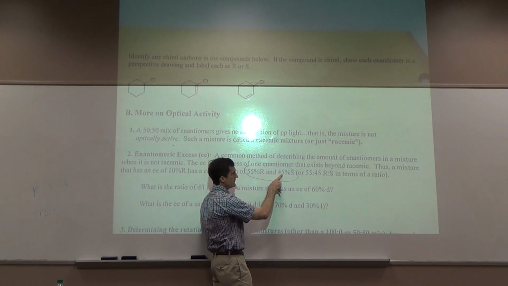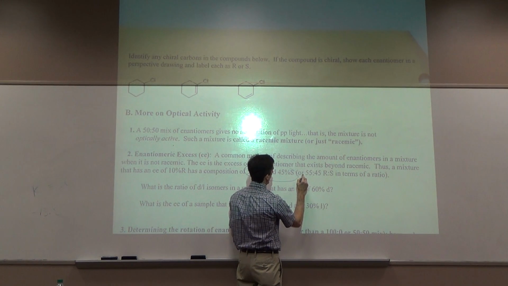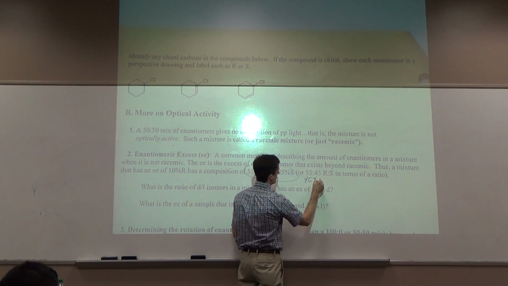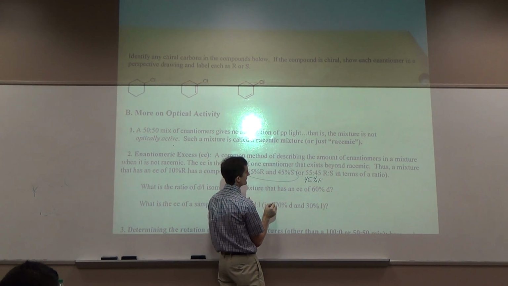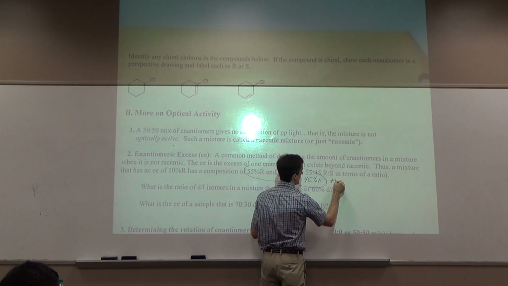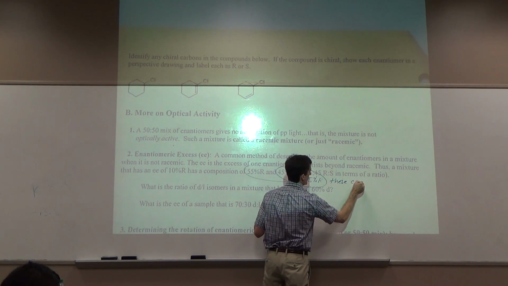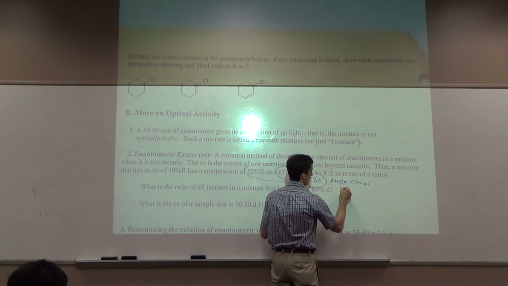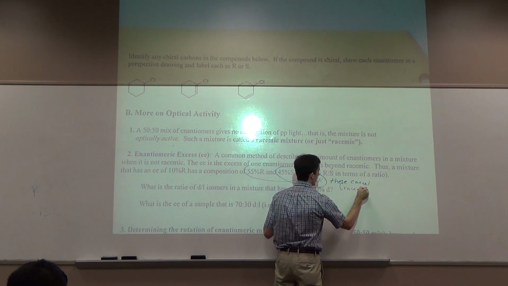The 45% of S cancels 45% of R. Those are going to cancel each other. That would be your racemic.